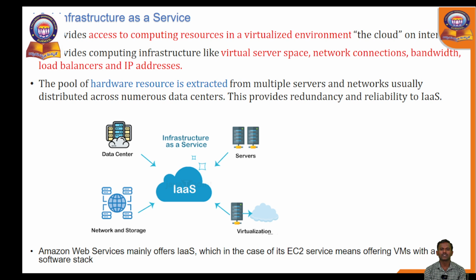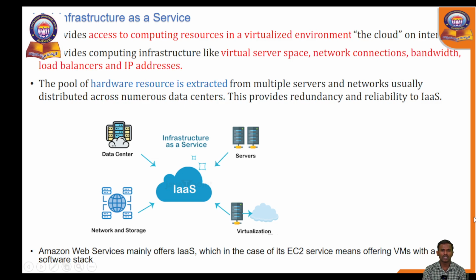This provides redundancy and reliability to infrastructure as a service. There are different types of resources available in the cloud. According to our requirement, we can extract the resources and build our application.